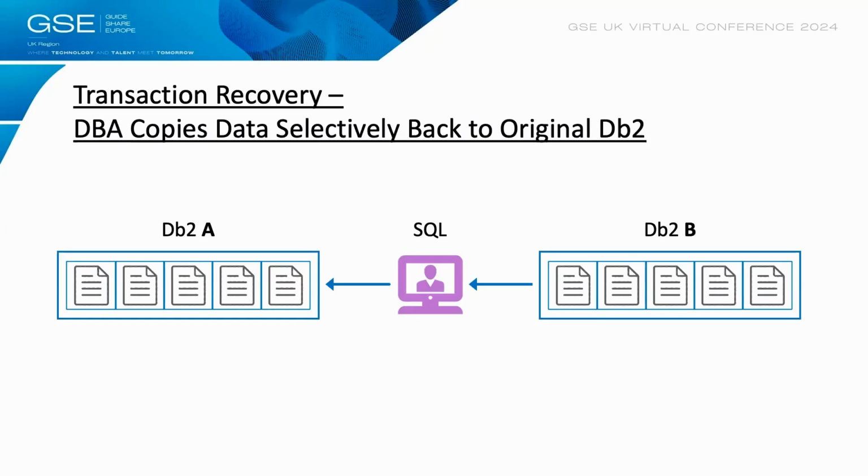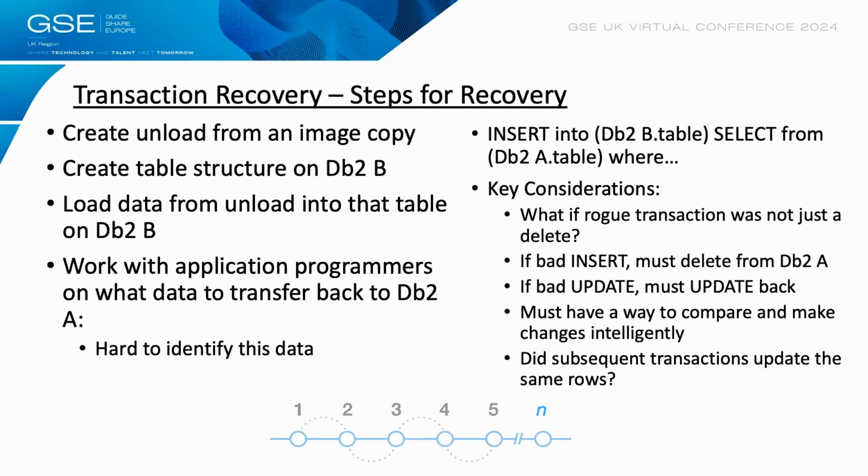It's knowing what's changed and what can be changed back. So again, the steps of doing that, you're going to create the unload, create a new table, load data. The first few steps, redirected recovery.